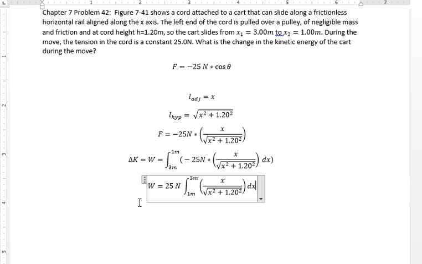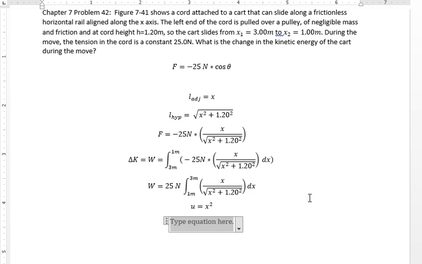We're going to do this one with a substitution. The substitution we're going to use is u equals x squared. If u equals x squared, then du equals 2x dx.